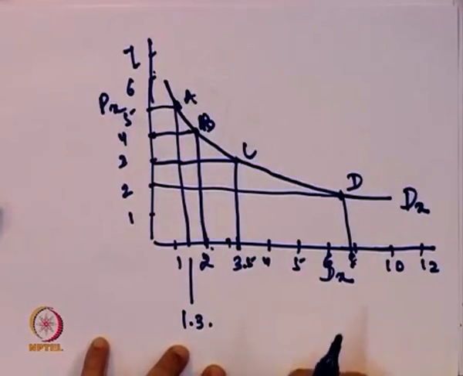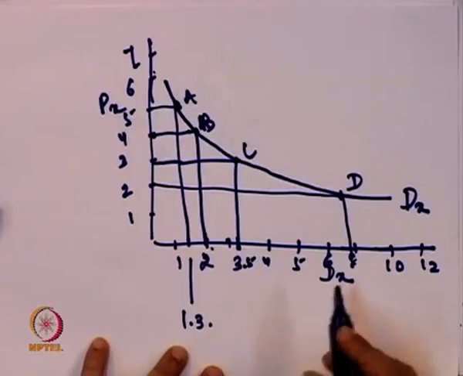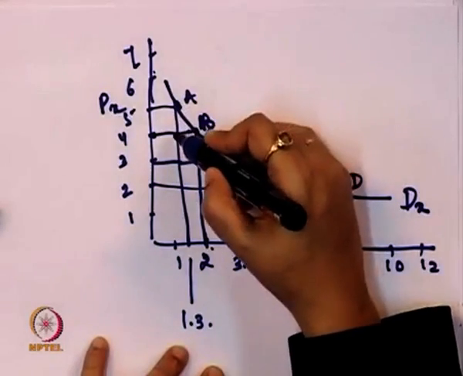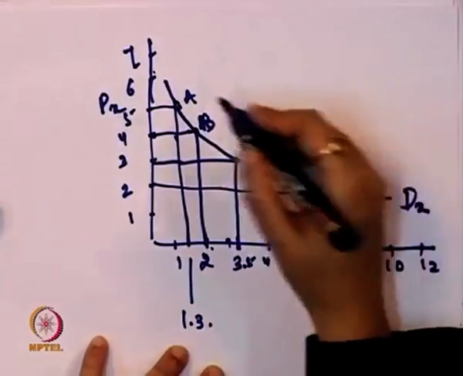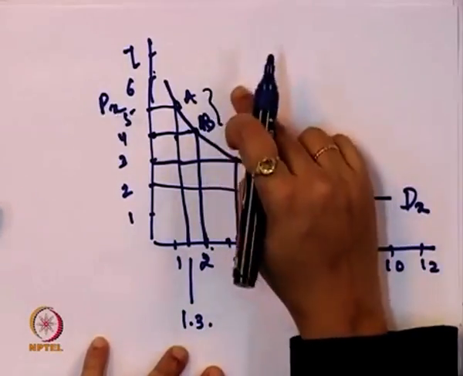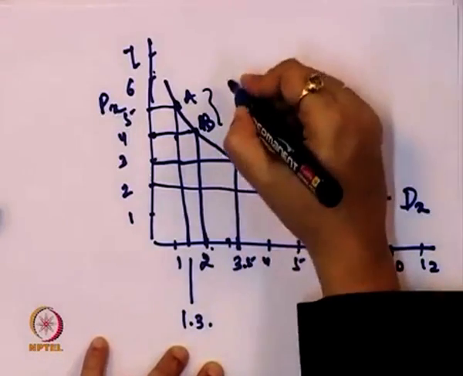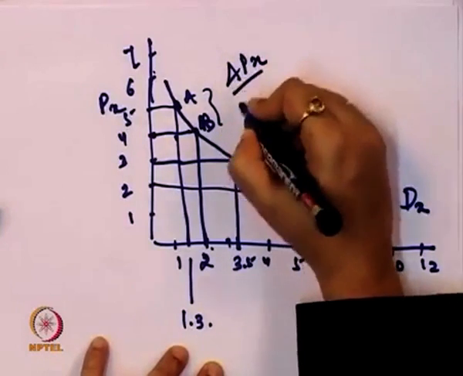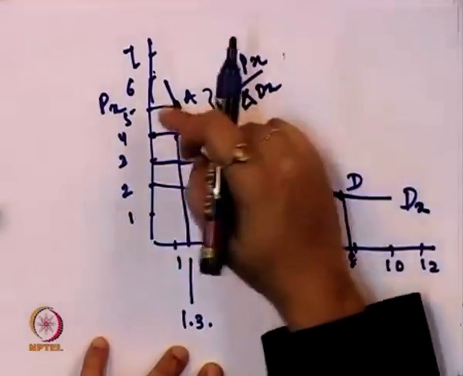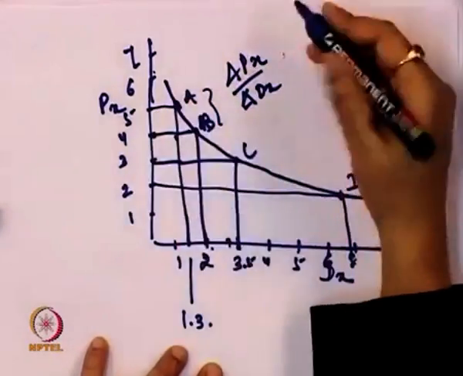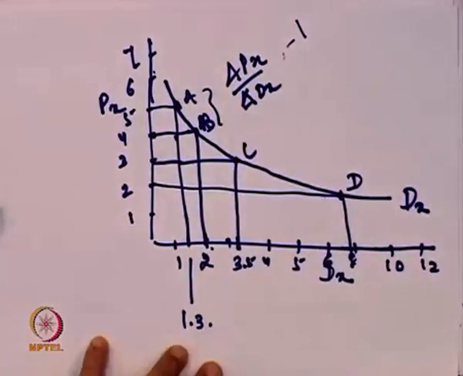Now, what is del Px over here? Del Px is the difference between 4 and 5, that is the change in the price. So, from point A to point B, what is the slope? That is del Px by del Dx. What is del Px? The difference between 4 and 5 comes to -1.